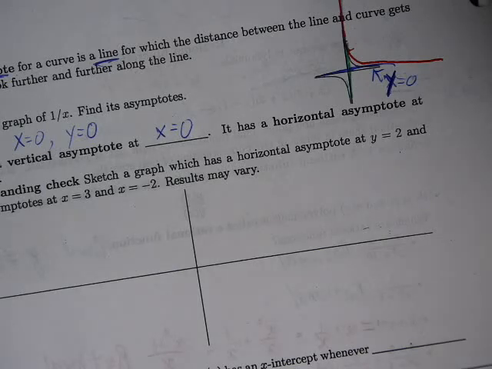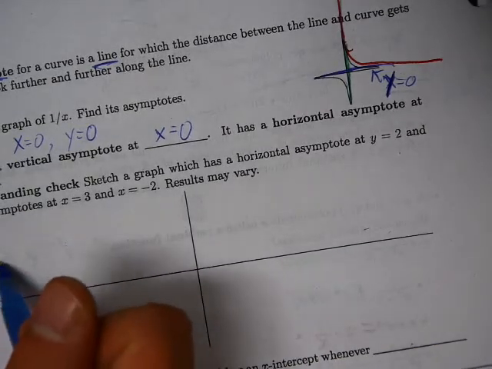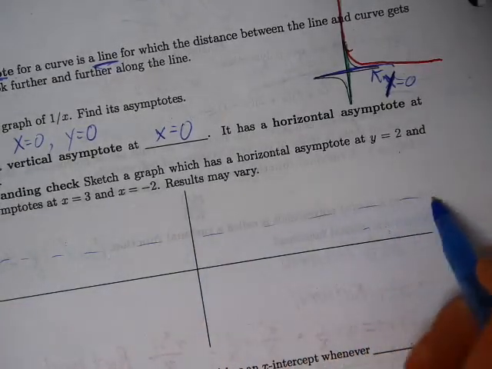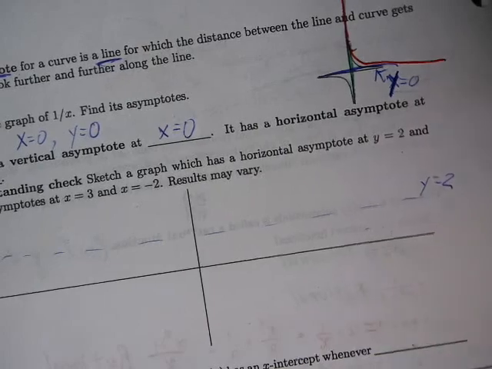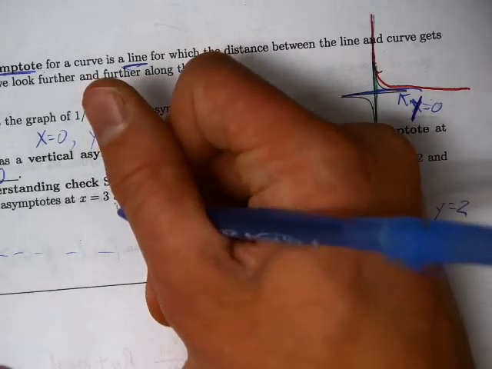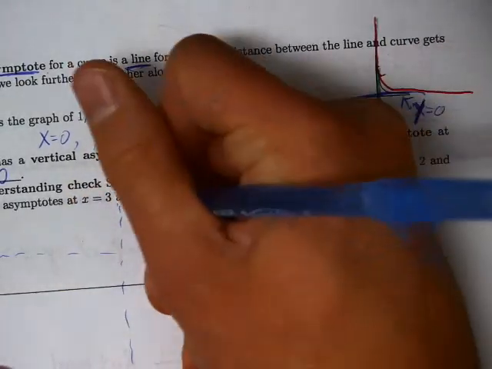And because I want to give an example which will hopefully dissuade people of some preconceptions. Sketch for me a function that has a horizontal asymptote at y equals 2. So here there's a line at y equals 2. It is a perfectly straight line. A vertical asymptote at x equals -2.